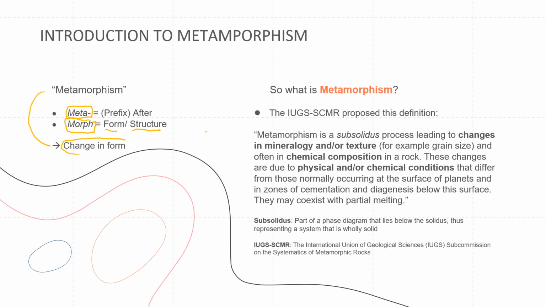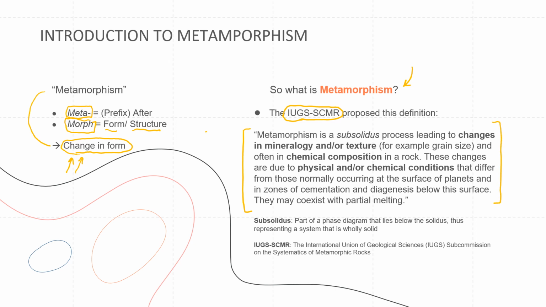The emphasis here is on change. And in geology, we have this definition proposed by the IUGS SCMR. It is pretty long, but it's covering all of the bases, and we'll break that down one by one.